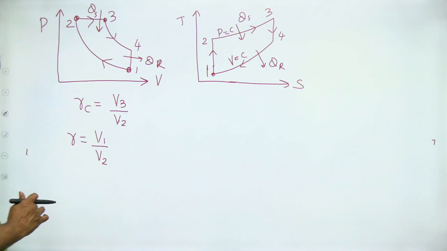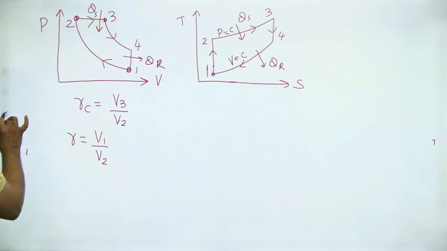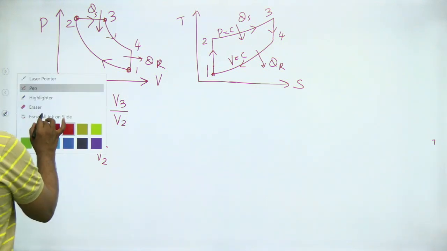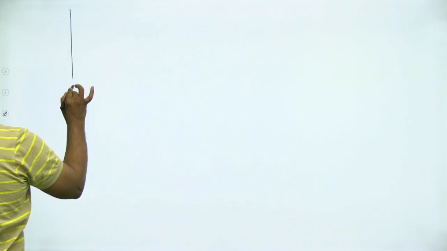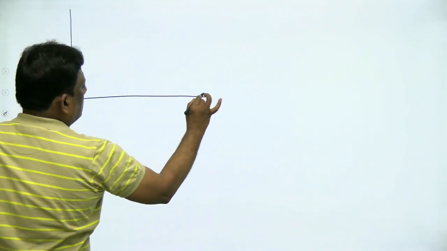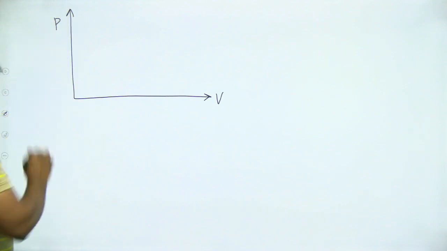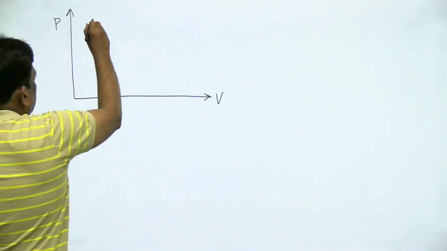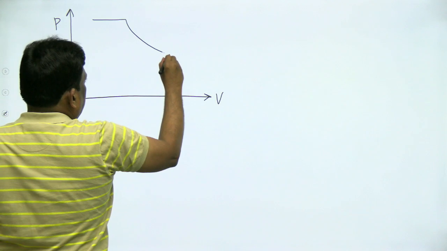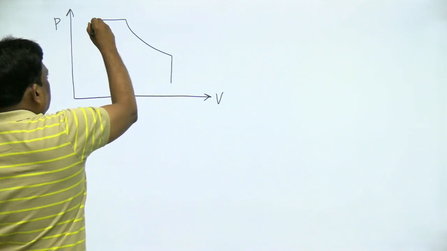Right. Now, let's understand things very clearly. Let us take your PV diagram. Okay. Now, this is our diesel cycle.